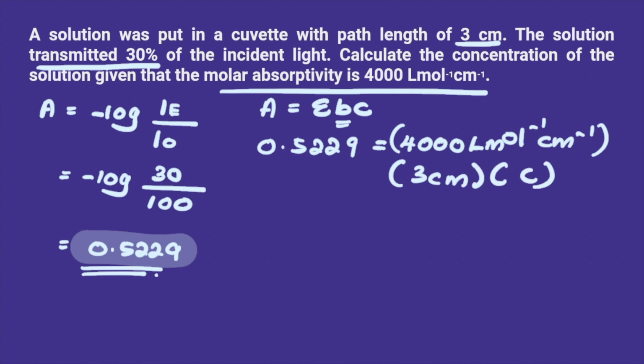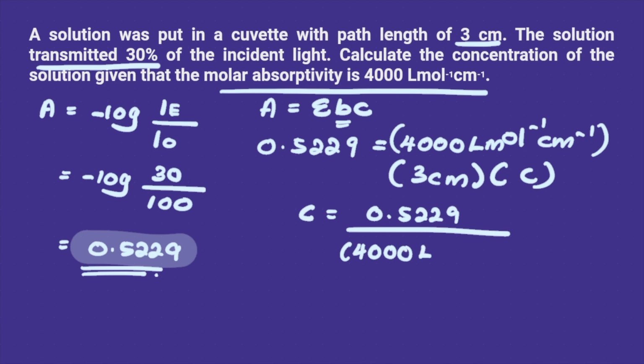times the concentration. Alright, so from here we can find the concentration is equivalent to 0.5229 divided by 4000 liter per mole per centimeter times 3 centimeter.